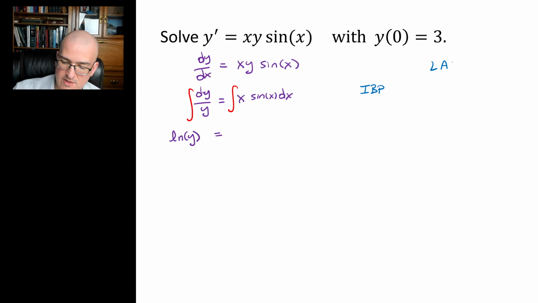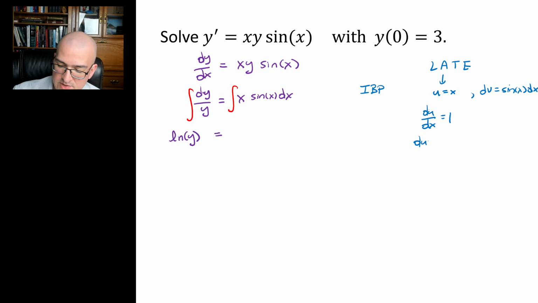So, LIATE. On the right-hand side, we don't have a log, but we do have an algebraic. So I'm going to let u equal x. And that means dv is equal to sine of x dx. So du by dx is equal to 1.